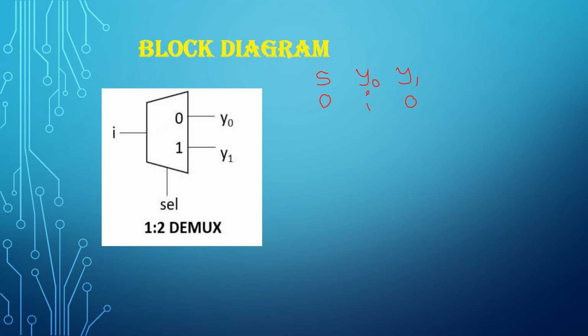If the selection input is 1, I is connected to output y1, so y0 is having 0 and y1 is having I. And this is the truth table of the 1 cross 2 demultiplexer.